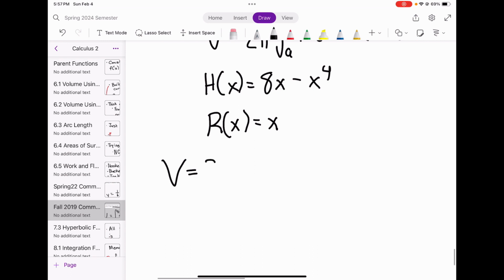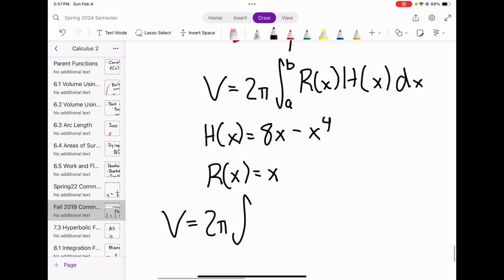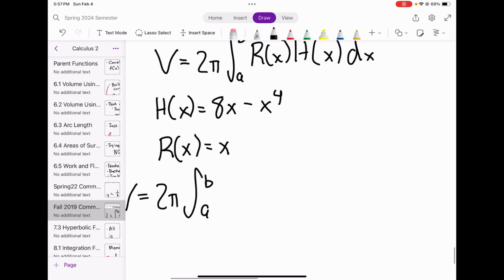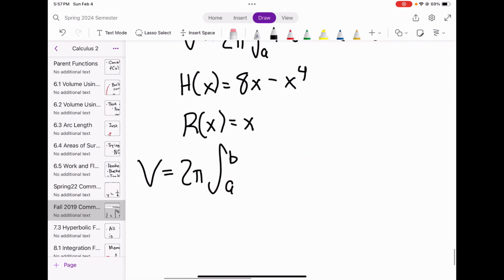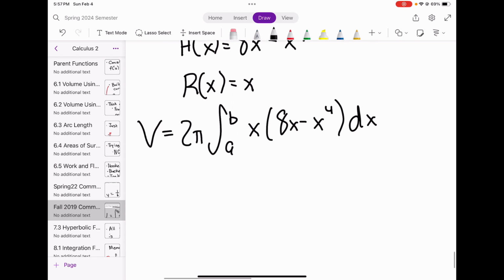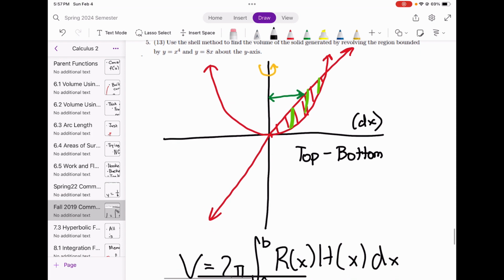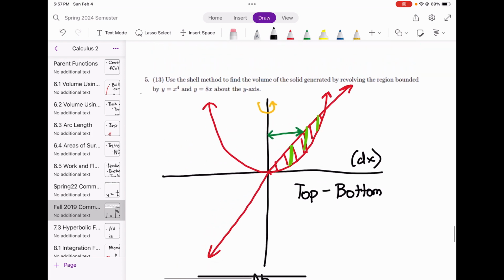So V is equal to 2 pi, the integral from a to b, and I think I'm accidentally going too far to the left here, but sorry, of x times 8x minus x to the fourth dx. We can distribute that x. Actually, no, we don't know what a to b is yet, so we have to solve that as well.